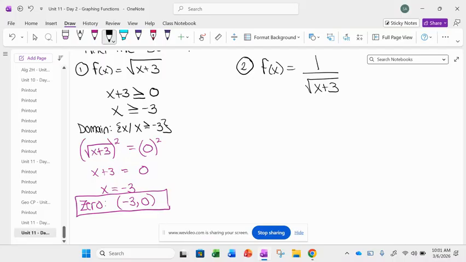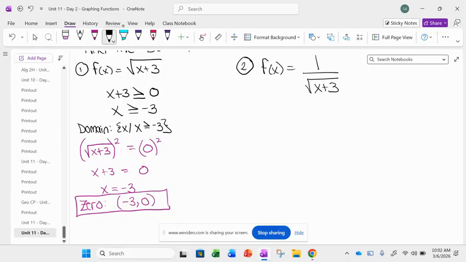So right now, there's actually two strikes against this function. What's the first strike? Amanda? Good, there's a variable in the denominator. What's the second strike? Vivek? There's a radical, there's a square root in the denominator. So right now, because it's a square root, it can't be negative. But because it's in the denominator, that denominator also can't be what? 0.